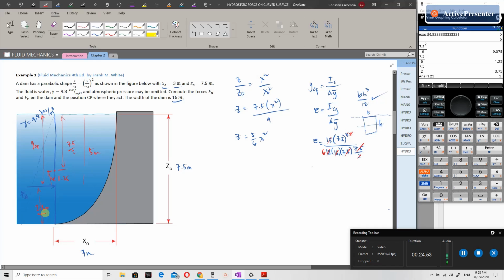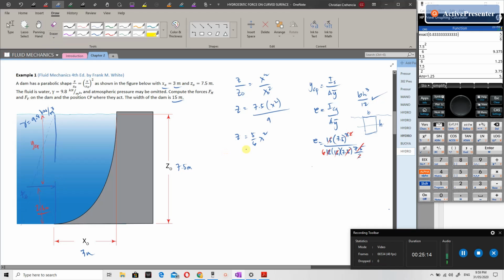So we are right that this is 2.5. Let me erase our writing. Again, that is just to verify the location of FH.